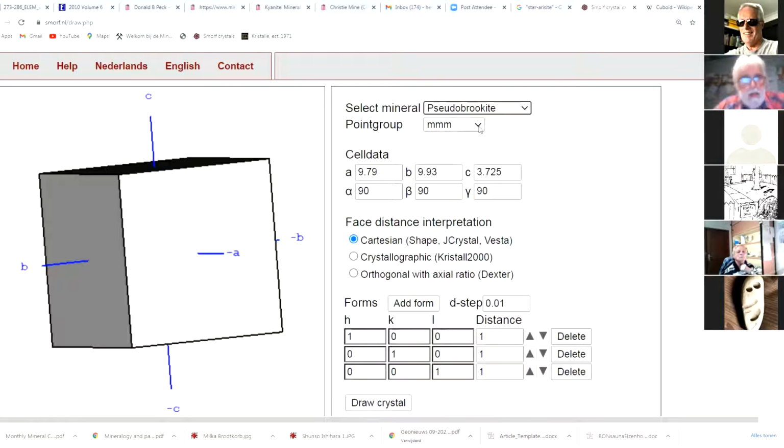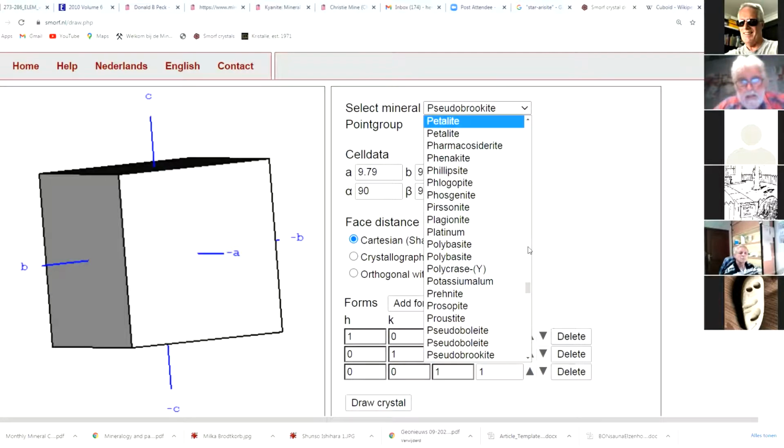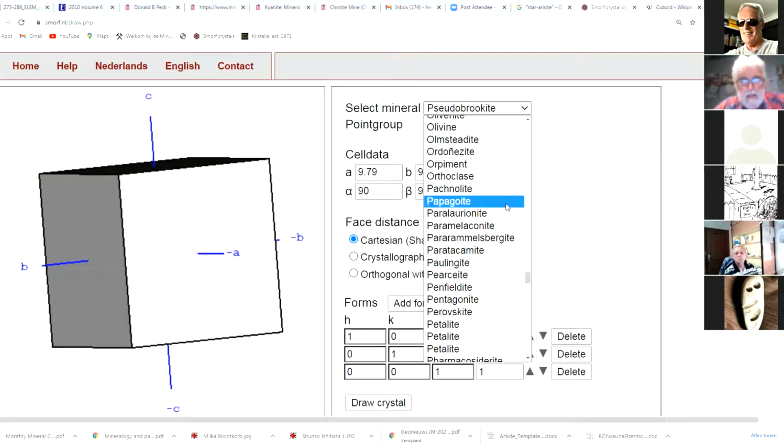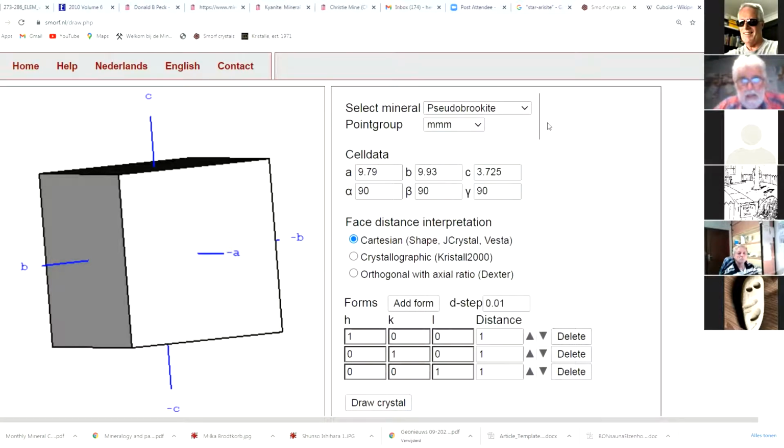Okay, what I wanted to show now is, imagine that you want to draw a crystal of a mineral that is not part of the list. So how do you do that? Well, it's not that complicated.